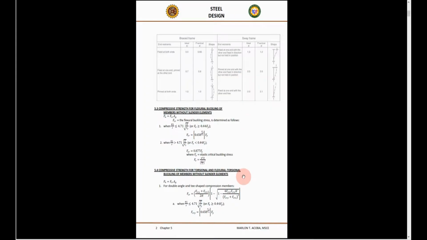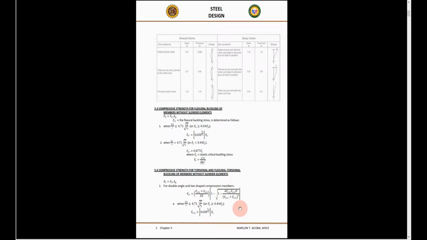So our section is a double angle, but this first condition will not be applicable because this will only be applied when the flexural buckling about the x-axis will govern.